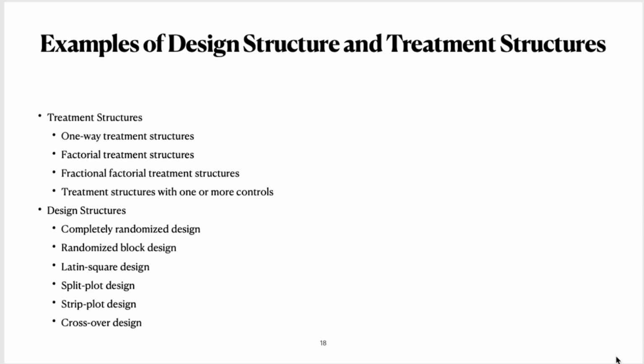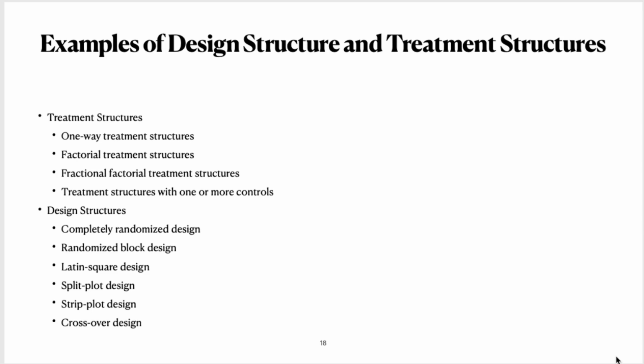So in many situations, a researcher is going to use a complete factorial treatment structure in their experiment, but there are many situations, especially when there are a lot of factors that a researcher wants to use, that it almost necessitates using some form of a fractional factorial treatment structure.